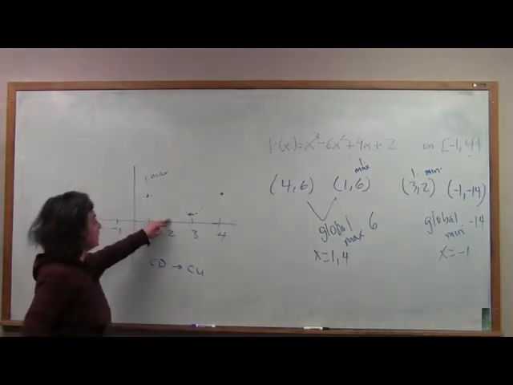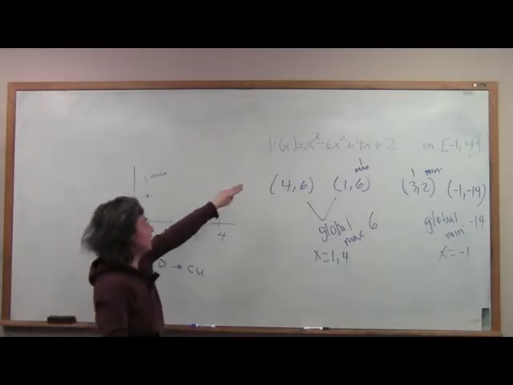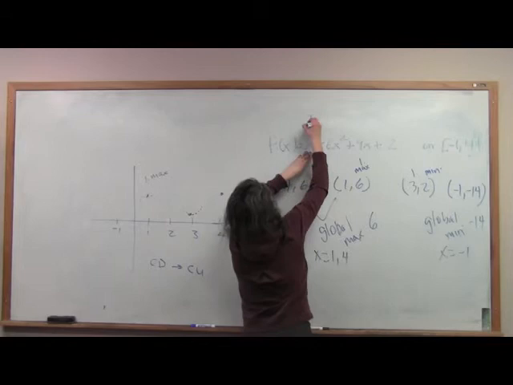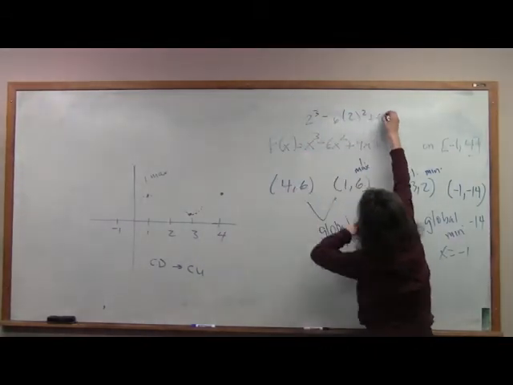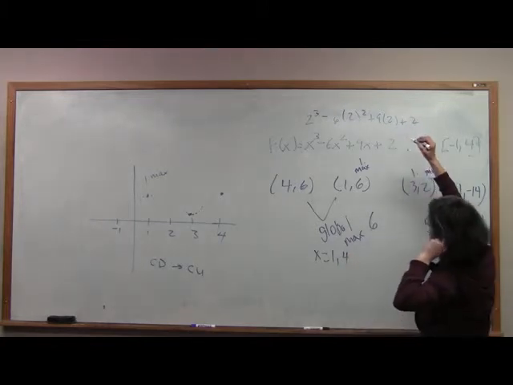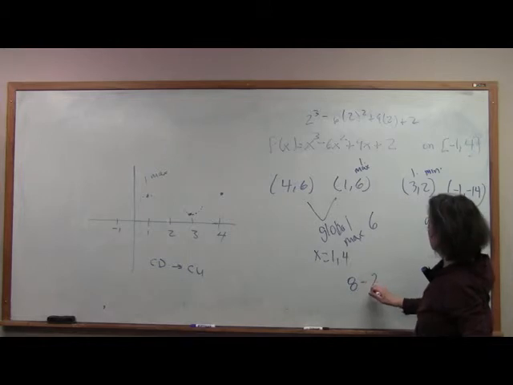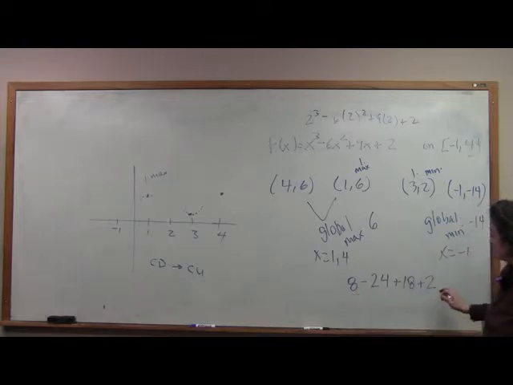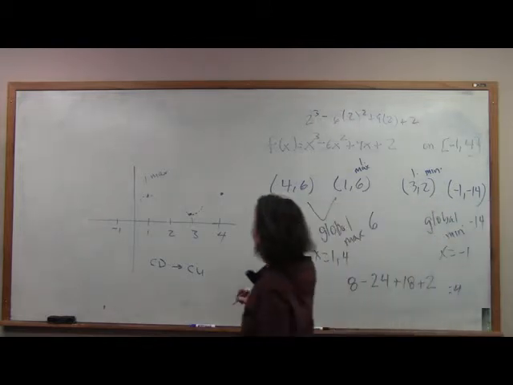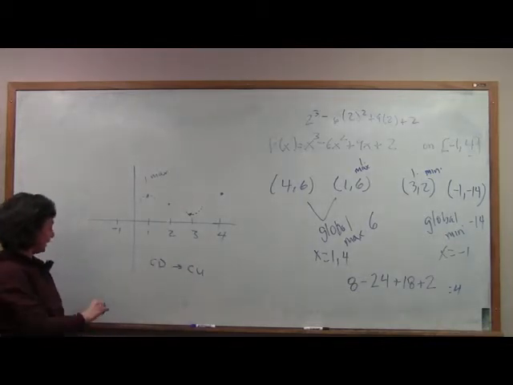Now, it's probably a good idea to know what our function value is at 2, just so we can get an idea here. So if I plug 2 in, I get 2 cubed minus 6 times 2 squared plus 9 times 2 plus 2. So what does that give me? 8 minus 24 plus 18 plus 2. So 28 minus 24 is 4. So right about here. Well, I claim we got it.